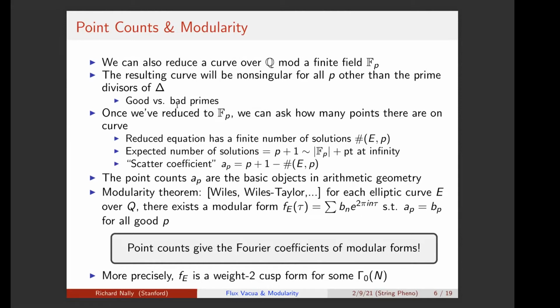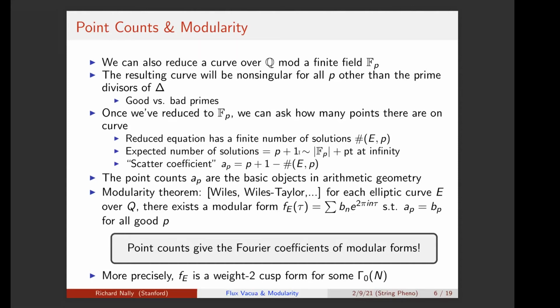And so once we've reduced over F_p, we can ask how many points there are on the elliptic curve. x and y can each only take a finite number of values. So there is a finite number of total points that can possibly be on the elliptic curve. So in general, elliptic curves over Q can have infinitely many points, but over F_p, they can only have finitely many. So you can roughly ask how many points you expect there to be.